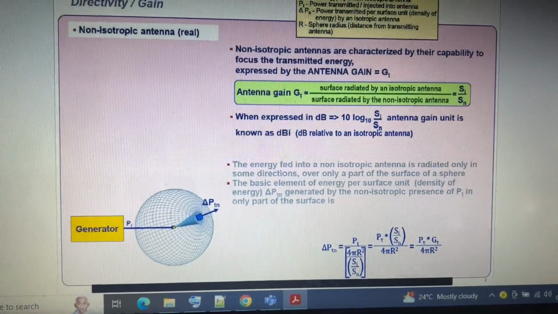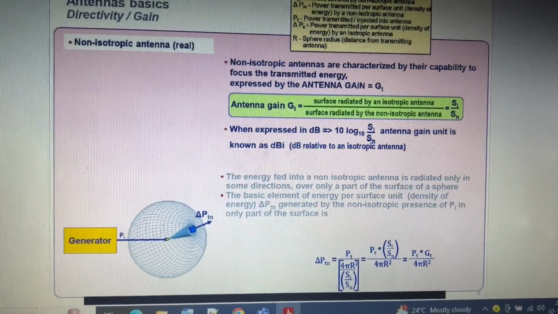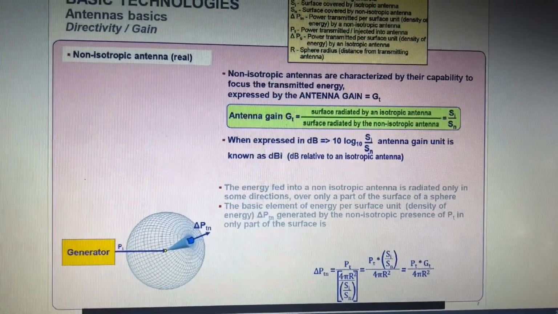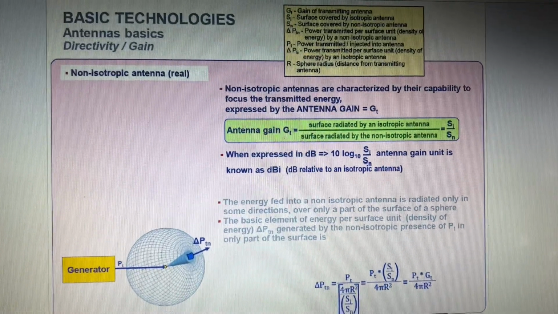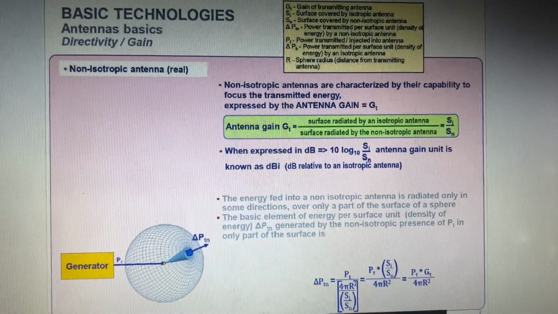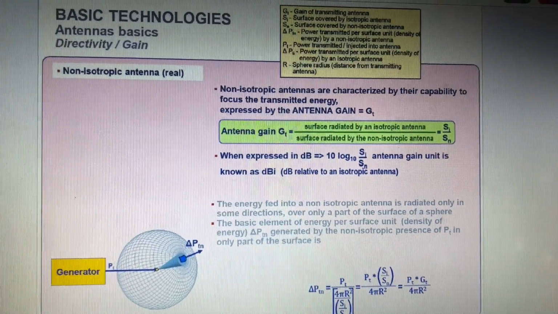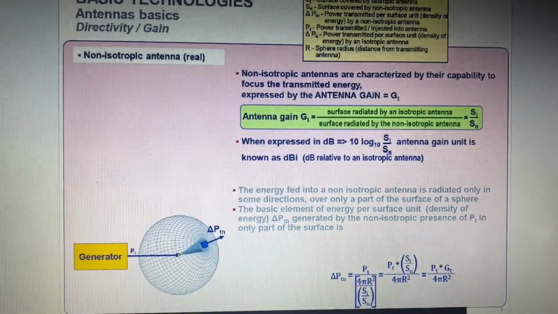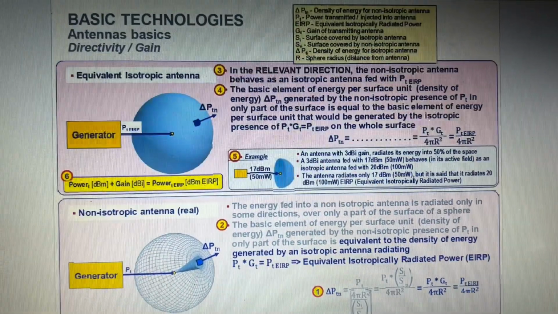When expressed in dB, it is equal to 10 log of SI by SN, where SI is the isotropic antenna and SN is the non-isotropic antenna. That is the difference between the directivity and gain of an isotropic antenna and a non-isotropic antenna. So antenna gain is calculated as SI divided by SN, isotropic antenna divided by non-isotropic antenna.